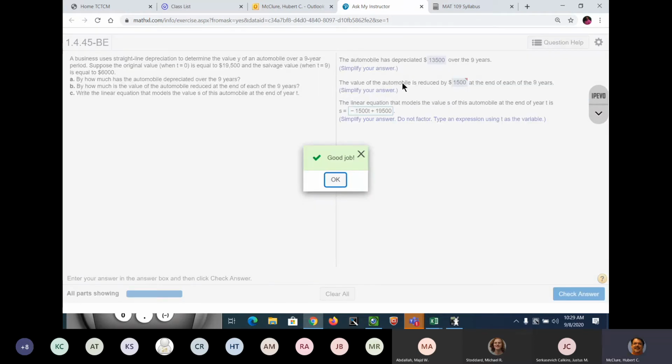That second question is misleading. I don't like the way it's worded, and if y'all know what I'm talking about, I hope you do. The value of the automobile is reduced by $1,500 at the end of, no, at each year. I'll take the 9 years off and say at the end of each year.